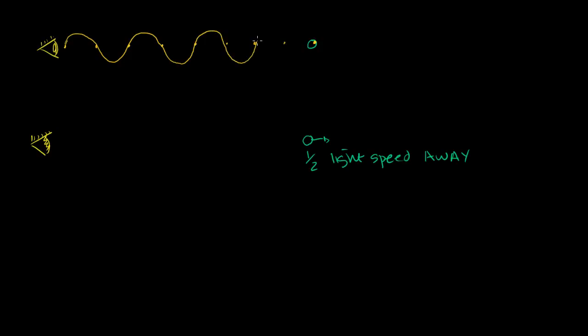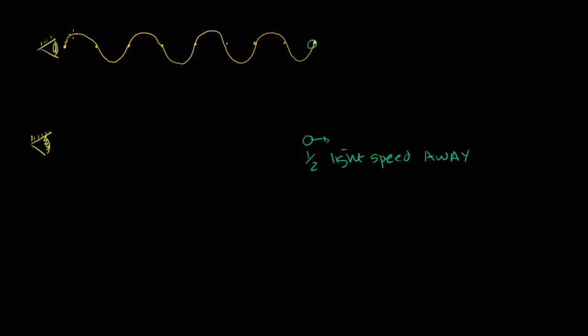This is not easy to do. And then you get another full wavelength. So it would look something like that with the actual waveform. The front of the waveform is just getting to my eye. And then as the waveforms keep going past my eye, my eye will perceive some type of wavelength or frequency and perceive it to be some type of color, assuming that we're in the visible part of the electromagnetic spectrum.